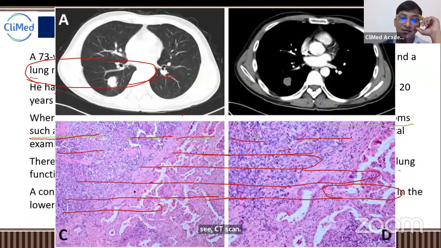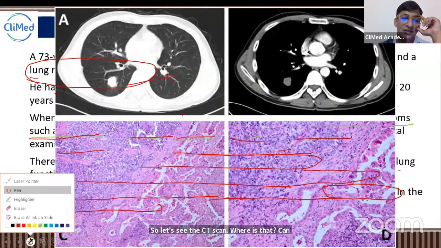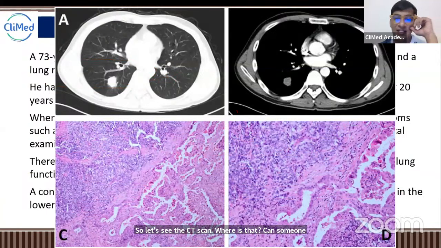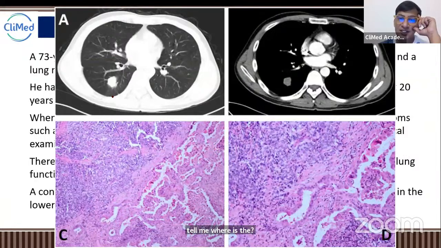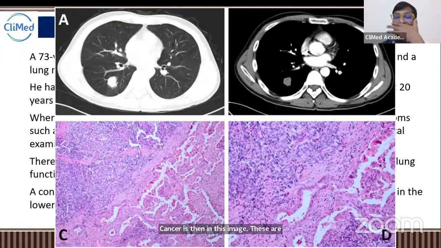Where is the cancer in this image? These are the CT scans. Can someone tell me? Lower right side. Which one is the lower right side?